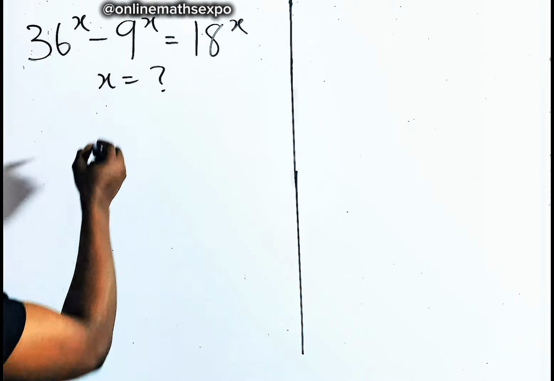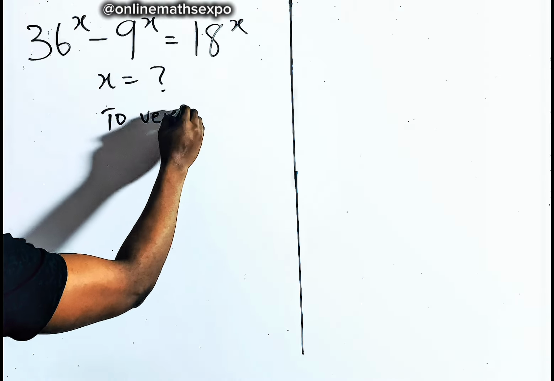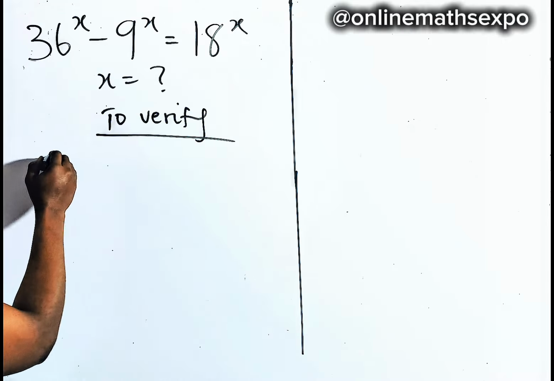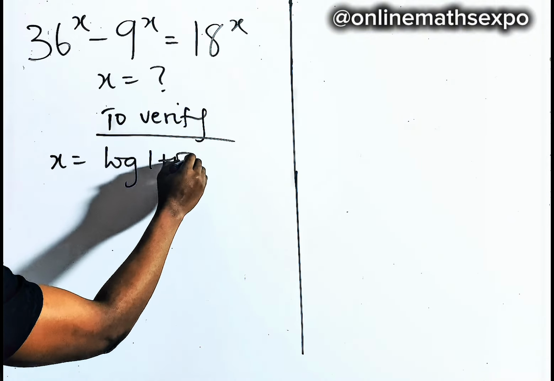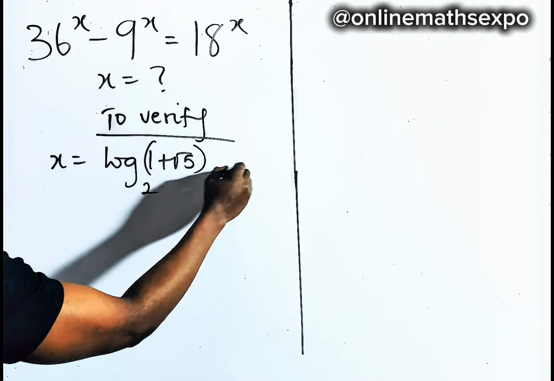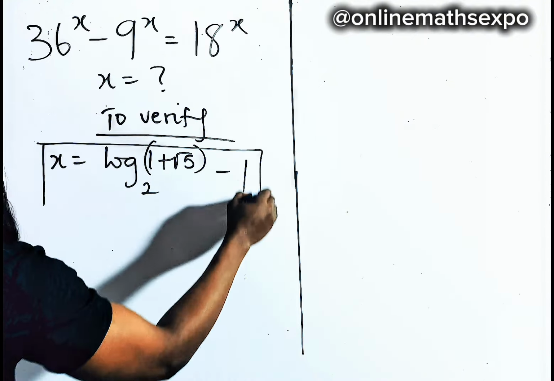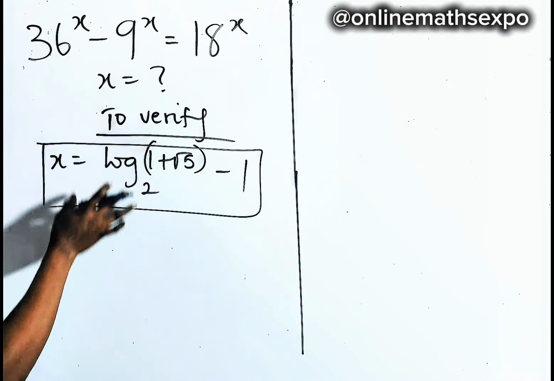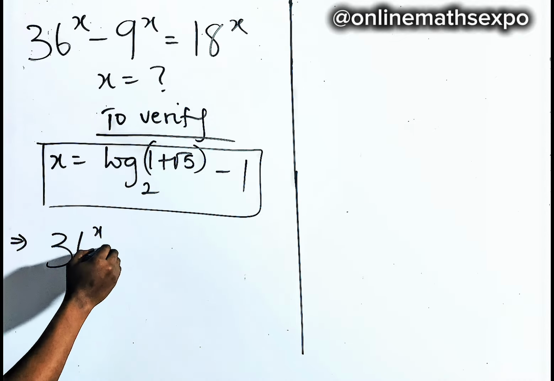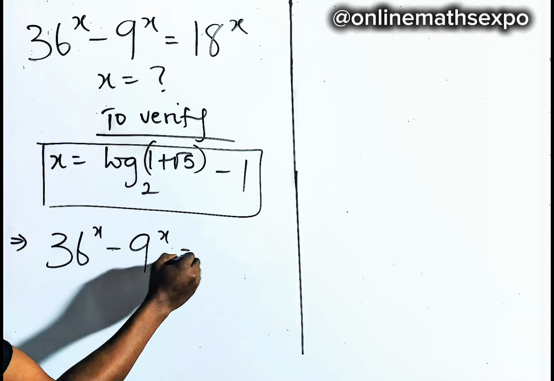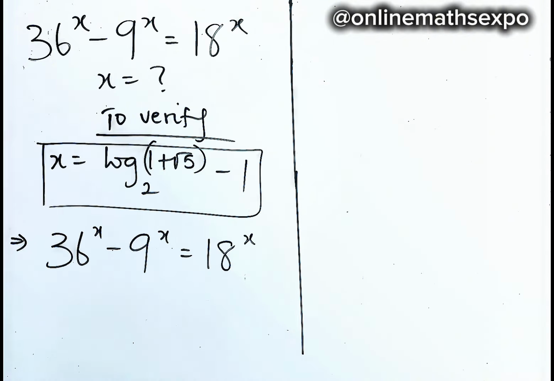To verify, we remember our x value is log of 1 plus root 5 base 2 minus 1. So let's do the verification together. We have 36 to the power of x minus 9 to the power of x is 18 to the power of x.